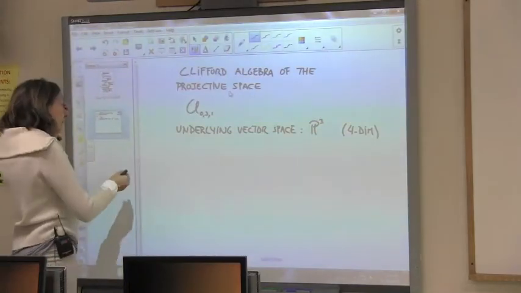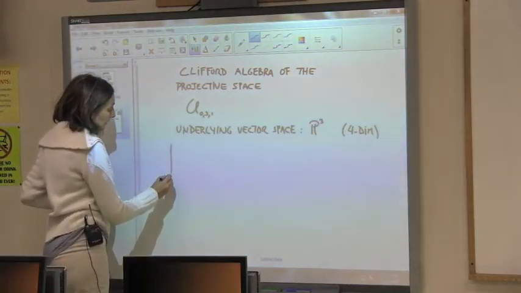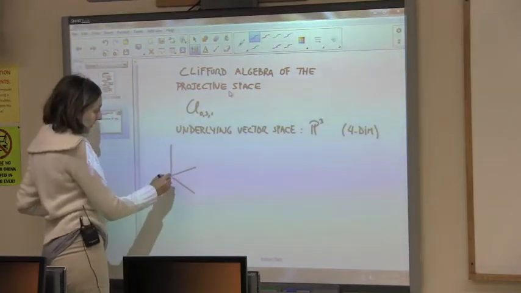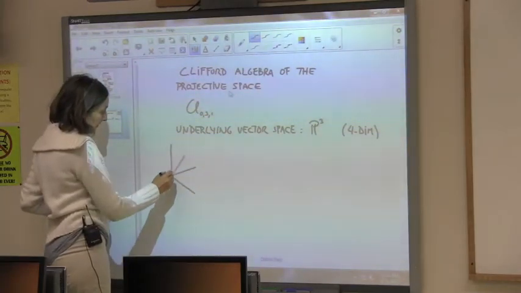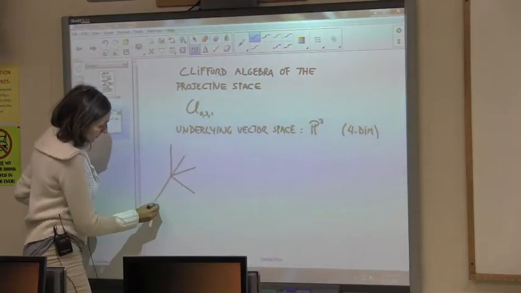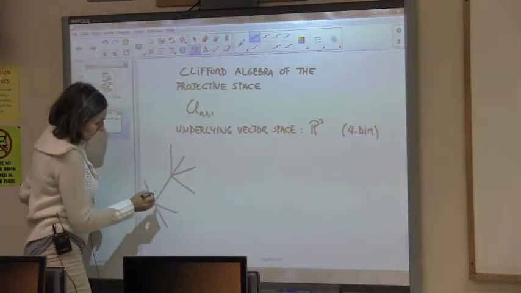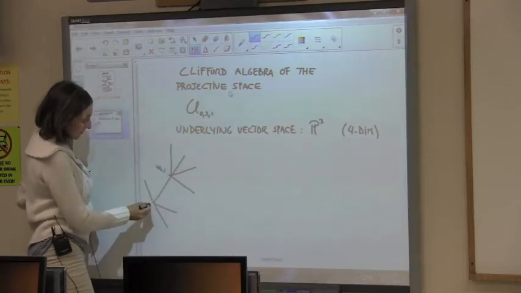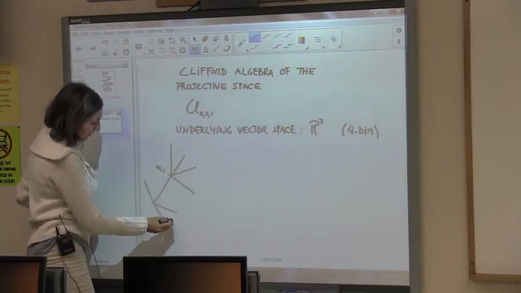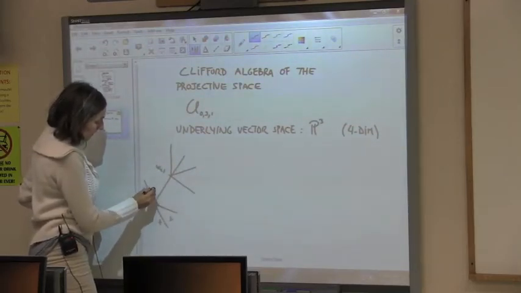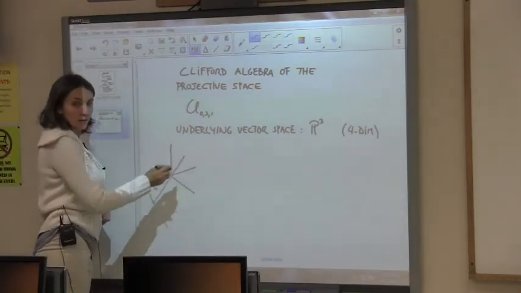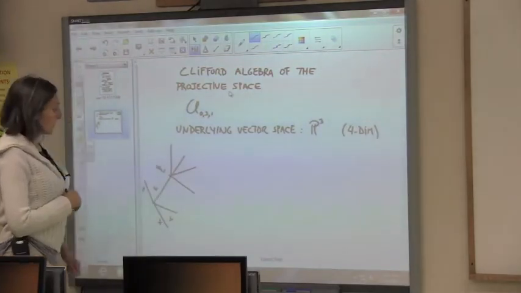And if you want a drawing to go with it, this is your R3, and now we put this R3 at omega equal 1 in our R4 space. So X, Y, Z, and omega, and then we race through the origin, and then we get the entities in there.